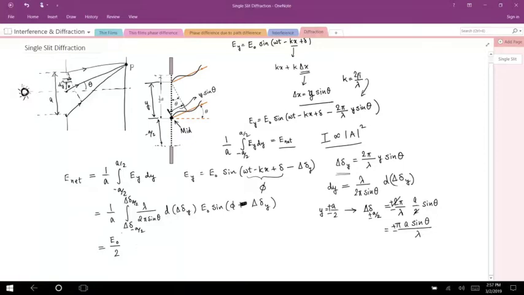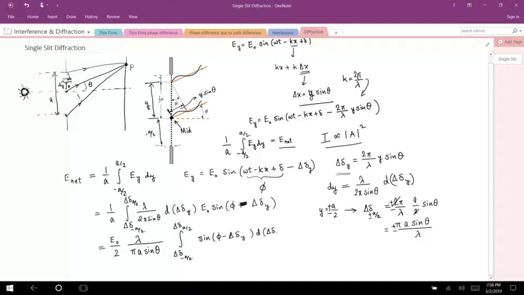Once you've done this integral once, you start noticing what patterns you can use to group things. So E0 over 2, and then I have lambda, a, and pi sine theta, so I can write lambda over pi a sine theta. And then the integral goes from delta delta negative a over 2 to delta delta positive a over 2. What is inside the integral looks like sine of phi minus delta delta of y times d of delta delta of y.